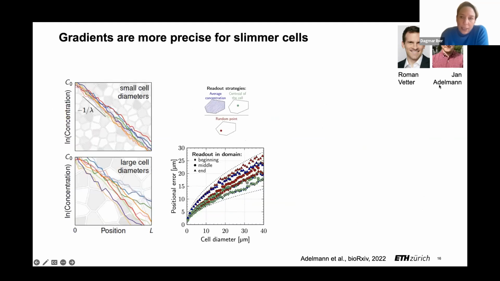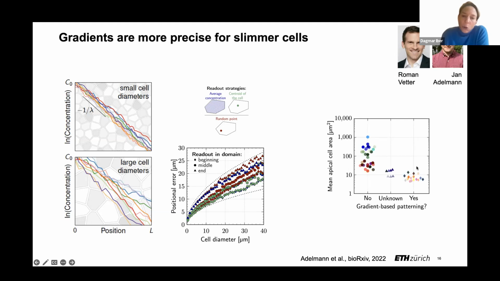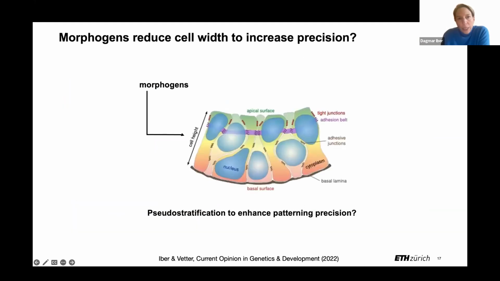Another thing that Jan realized is that if you have really small cells, then you have a higher patterning precision. And we noticed that all the mean apical cell areas are small in tissues that are patterned by gradients and not in those that are not patterned by gradients. And so we concluded from here that it's beneficial to have slim cells.